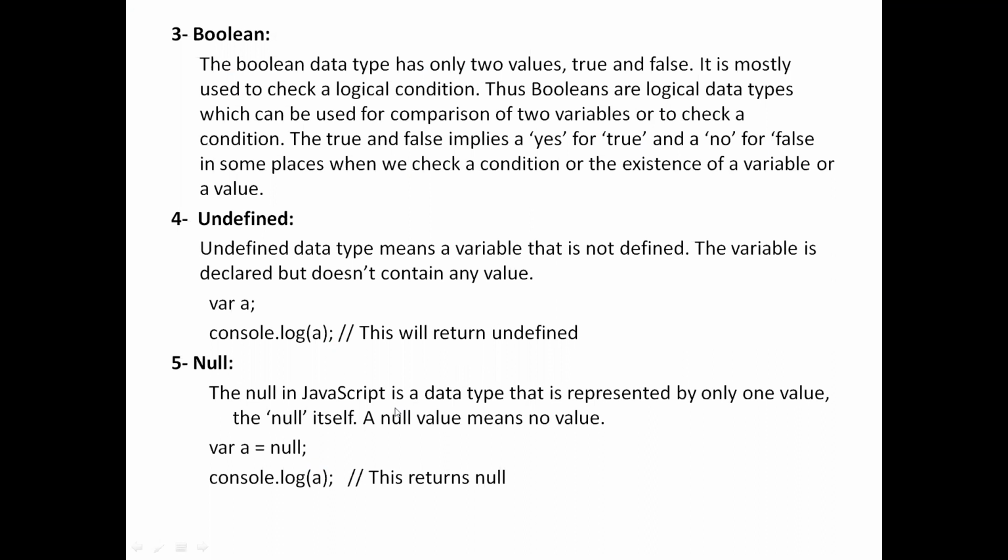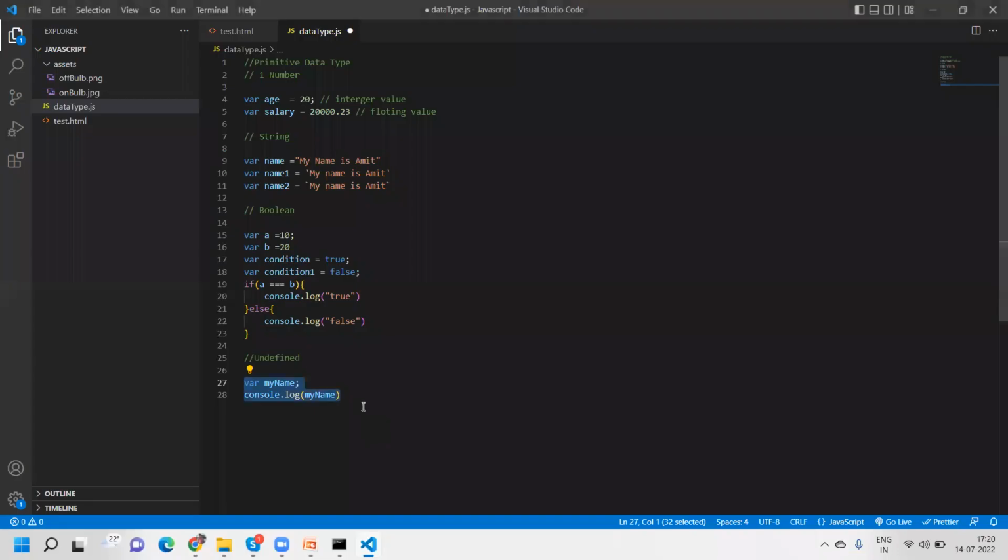Null is another data type. The null in JavaScript is a data type represented by only one value, null itself. The null value means no value. For example, you declare a variable x equal to null, meaning nothing.